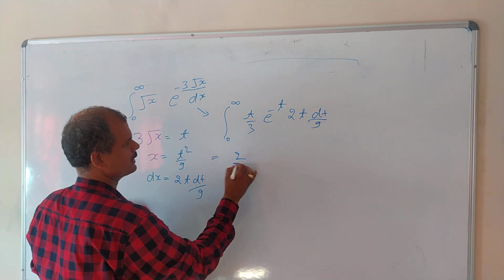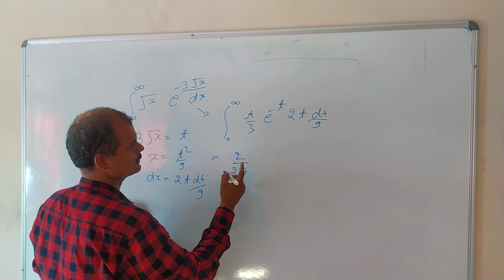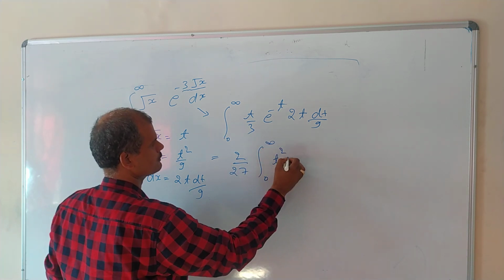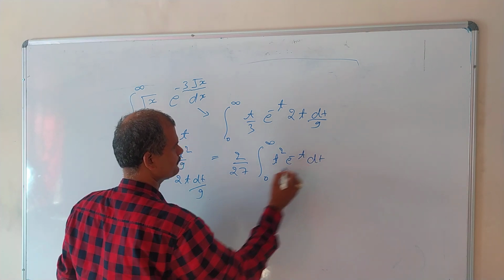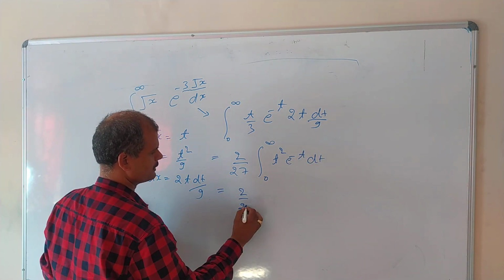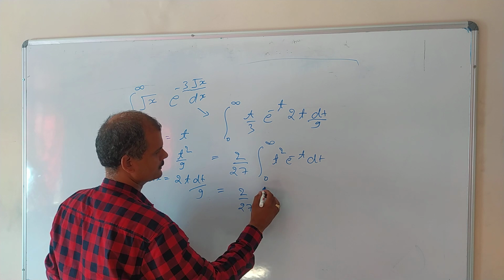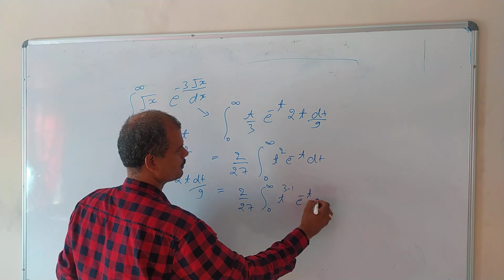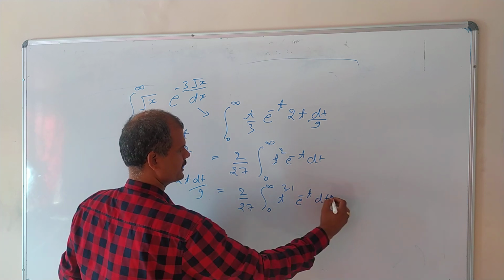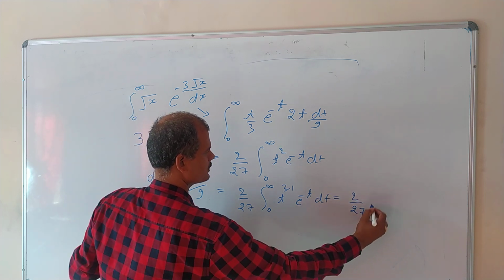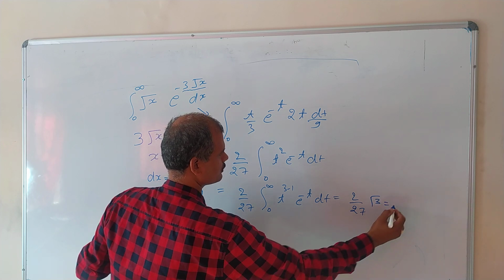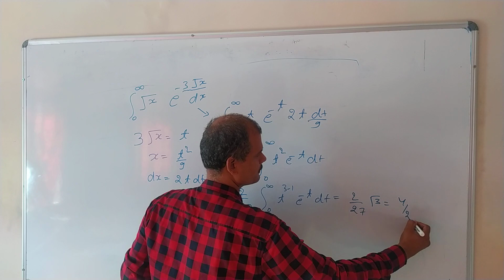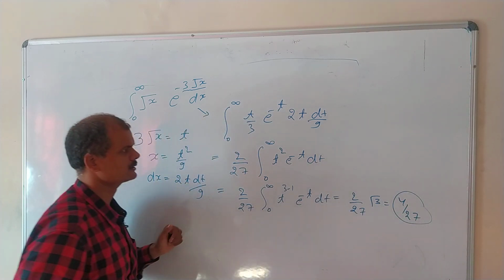So we get 2 by 27, 0 to infinity t square e power minus t dt. So we get 2 by 27, and here we get 0 to infinity t power 3 minus 1 e power minus t dt. So we get 2 by 27 gamma 3. So gamma 3 is the factorial 2. So that is 4 by 27. Fine. So this will be your answer.